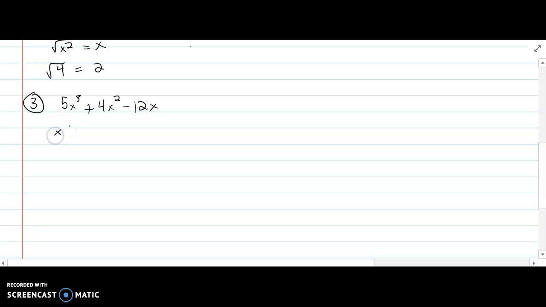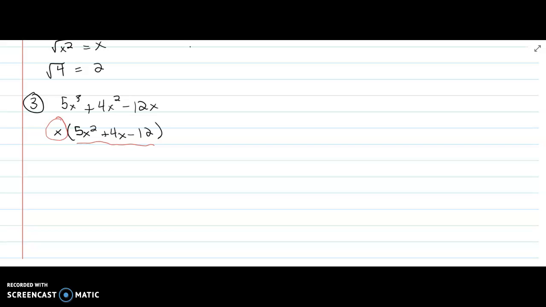We have x, I'm left with 5x squared plus 4x minus 12. Keep in mind, I'm just factoring, I'm not solving. So I need to keep this x outside. I'm not going to set this equal to 0 because I'm not solving. So I'm going to keep it there. Then I'm going to factor what's inside.